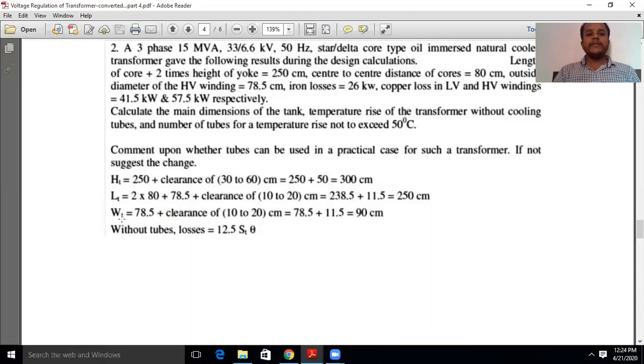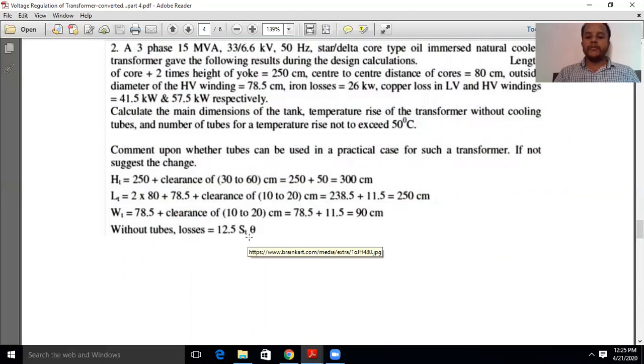Now WT, width 78.5 plus clearance of 10 to 20 centimeter, that is 78.5 plus 11.5, it is 90 centimeter. Now without tubes, we are not adding any particular tubes, so the losses will be 12.5 ST theta.